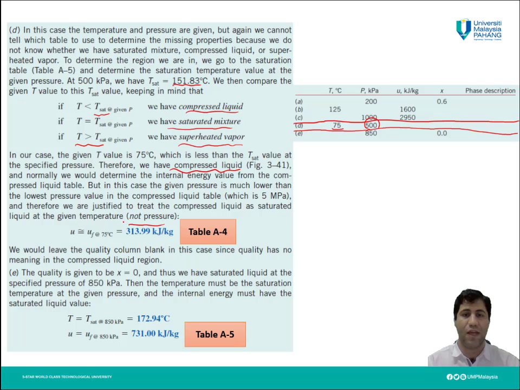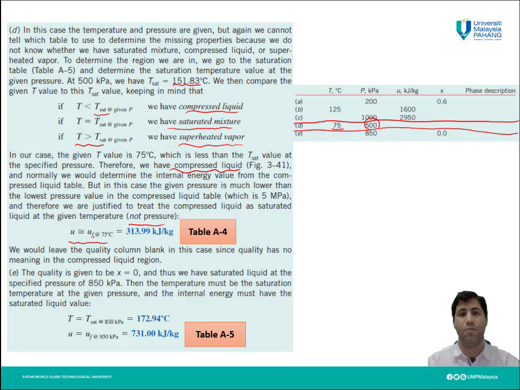But in this case, we can also use the approximate method. If you remember, we can use saturated liquid instead of the compressed liquid. The properties of saturated liquid are identical to the properties of the compressed liquid which we have here.